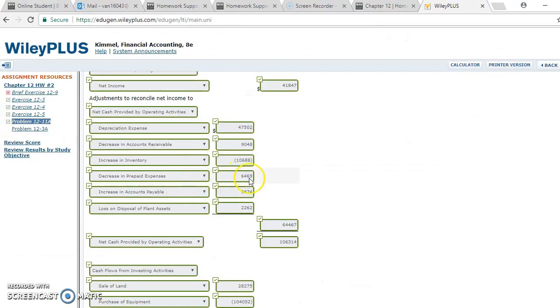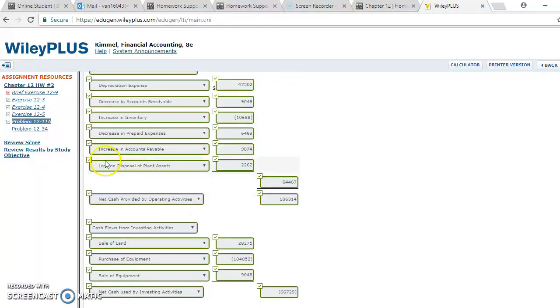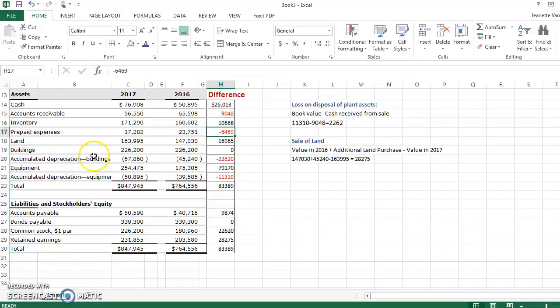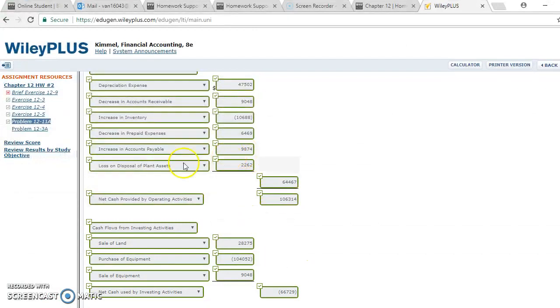After prepaid expenses, which remember is a positive input even though it was a negative value, is increase in accounts payable. So we're going to go over here to accounts payable, which is in liabilities and stockholders' equity, and we see the difference between these two values was $9,874. The last one here is loss on disposal of plant assets, and this one is a little trickier.